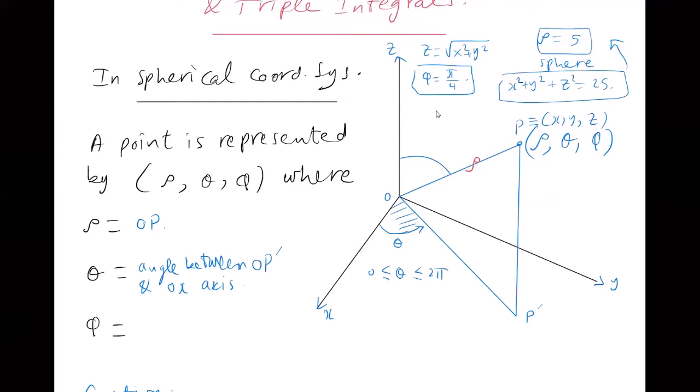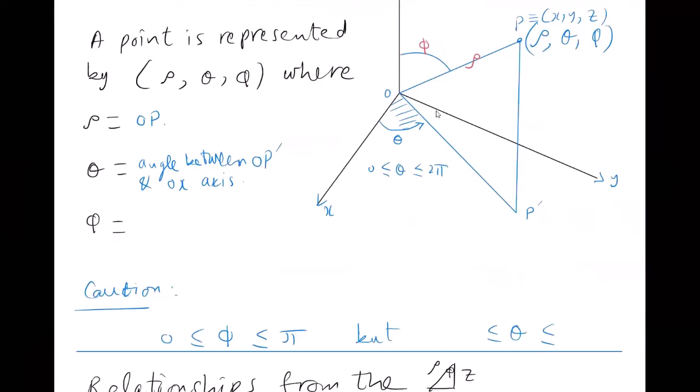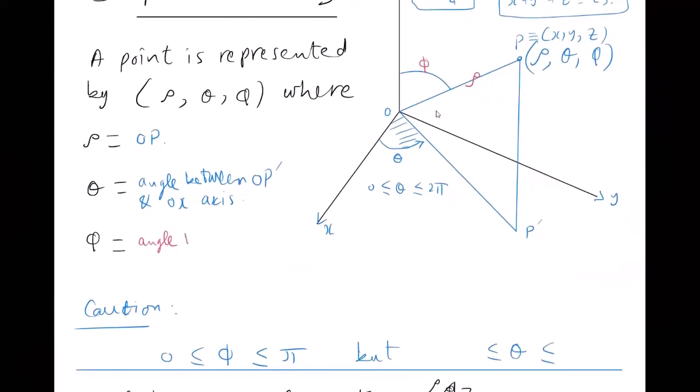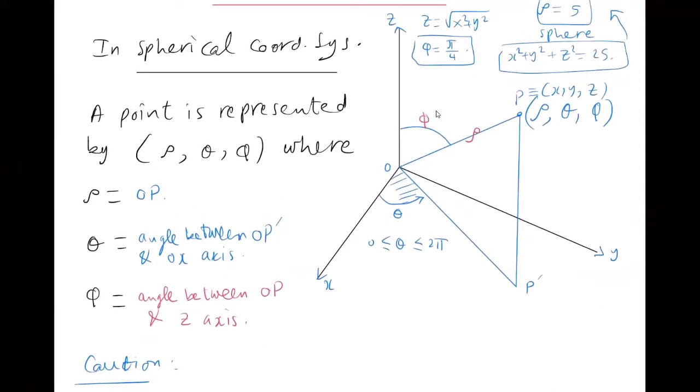The new angle is phi. This is the angle phi, which is the angle between the z-axis and the vector OP. This is the new angle here, Shahab, the angle between OP and the OZ axis.